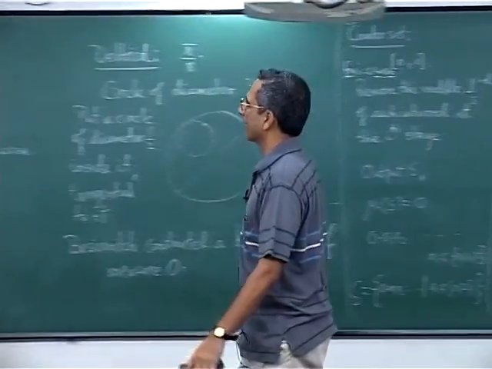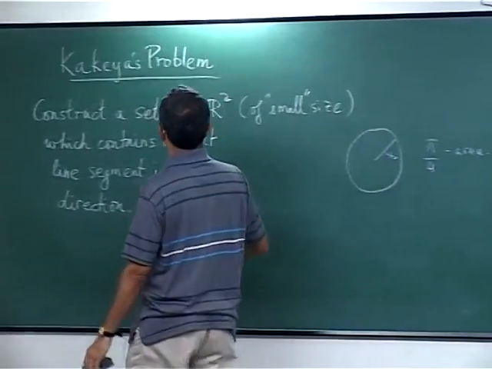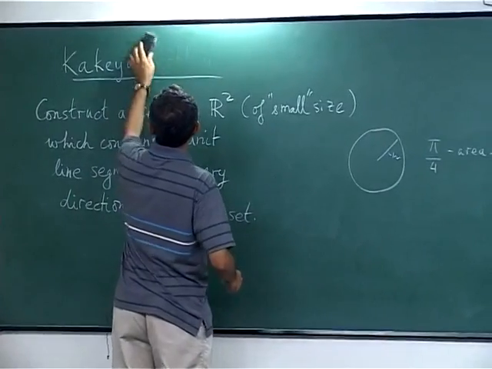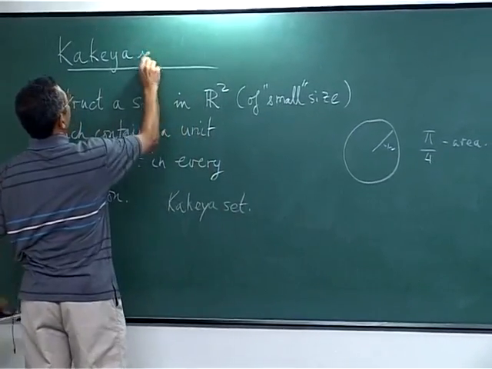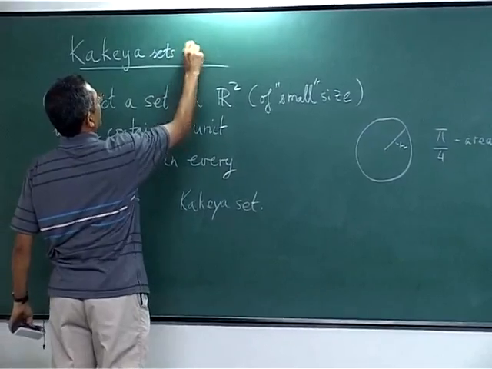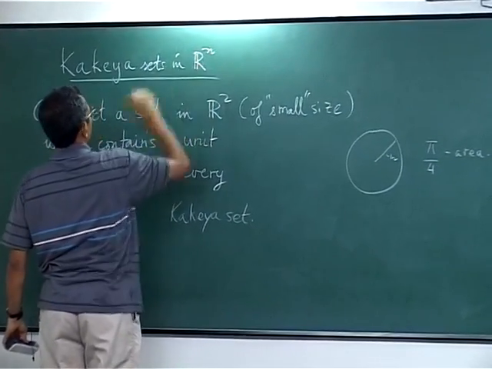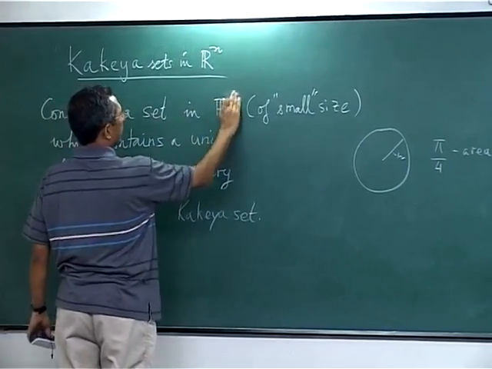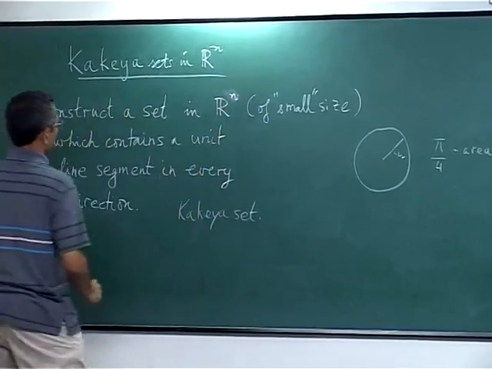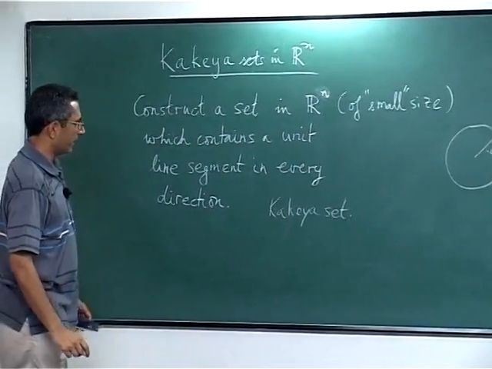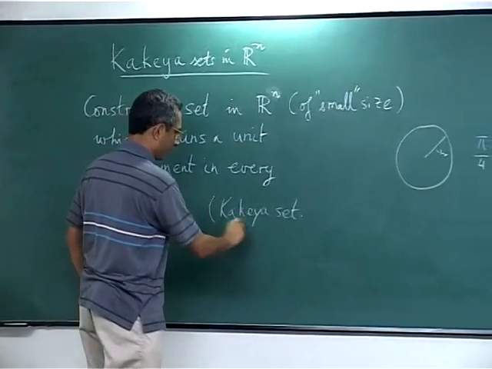So firstly, Kakeya sets in higher dimension is exactly the same. So in Rn, you want to construct a subset of Rn which contains a unit line segment in every direction. Okay, and such a thing is called a Kakeya set.